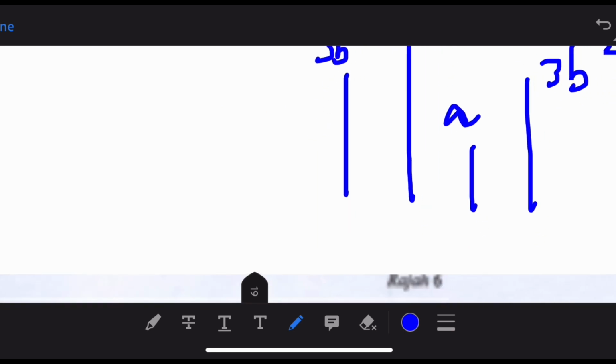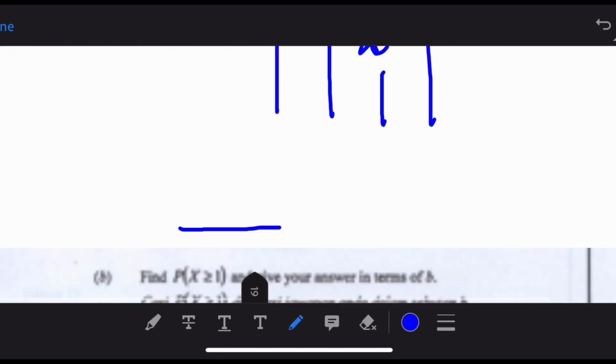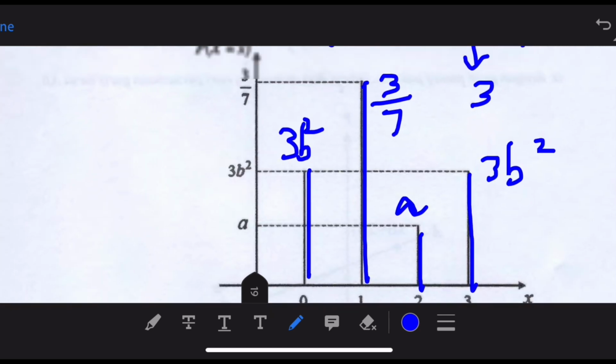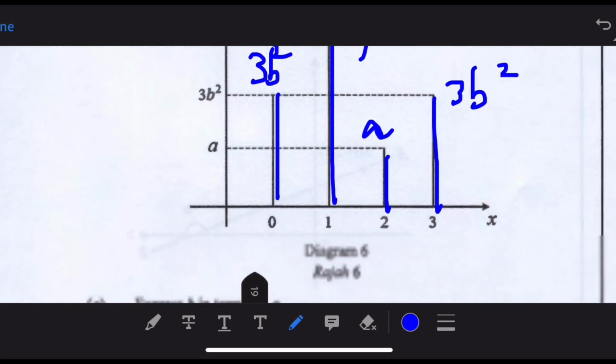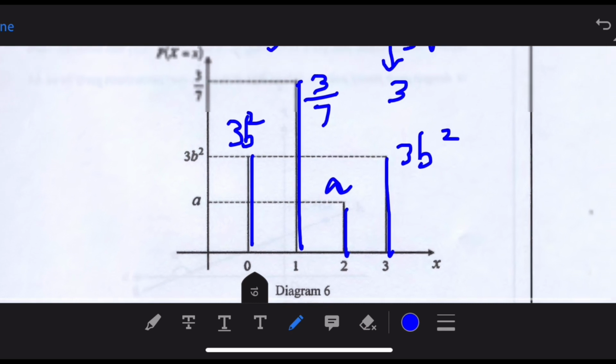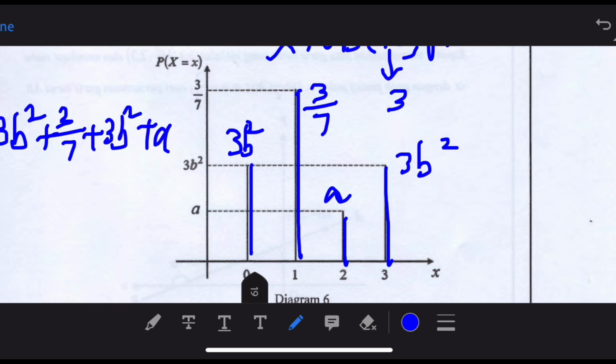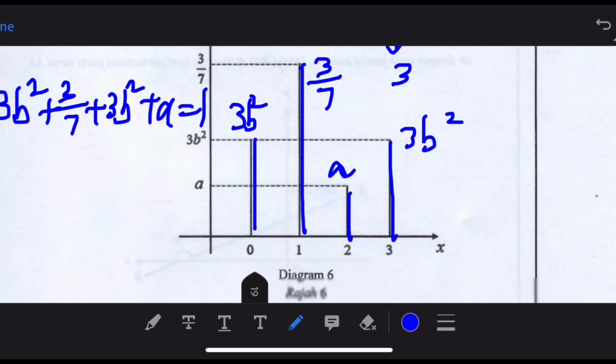Now we need to plus every line, because each line representing the probability value. So you take 3b squared plus 3 over 7 plus a, and then plus 3b squared equal to 1.